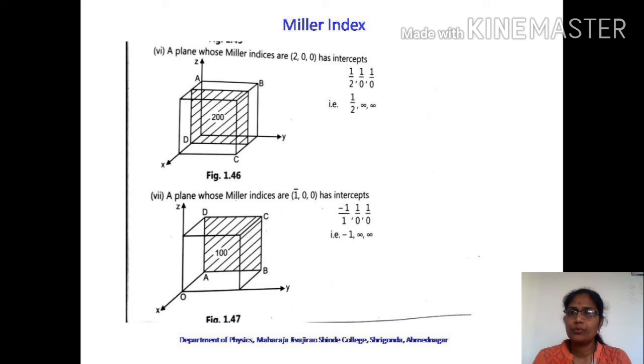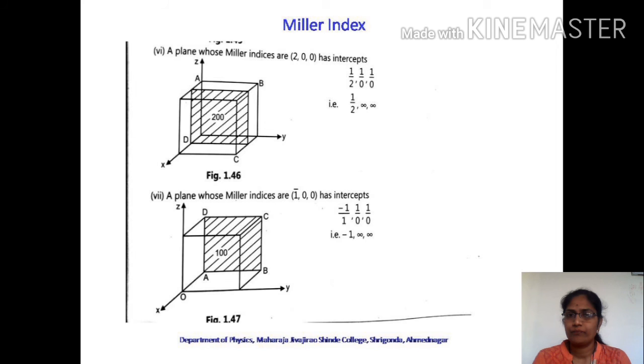So 1 upon 2, then infinity and infinity will be the intercepts on the x, y and z axis, and show this plane as shown in the figure. It represents the 2, 0, 0 plane.